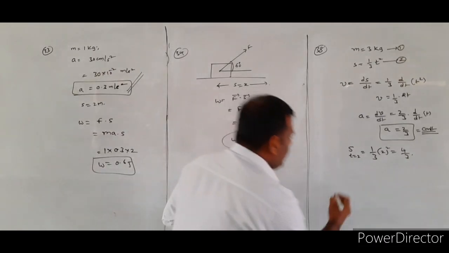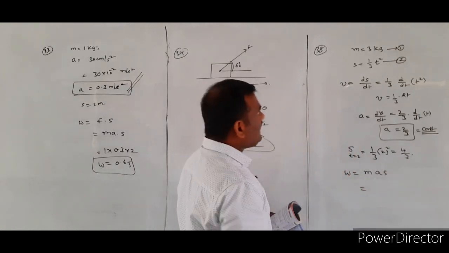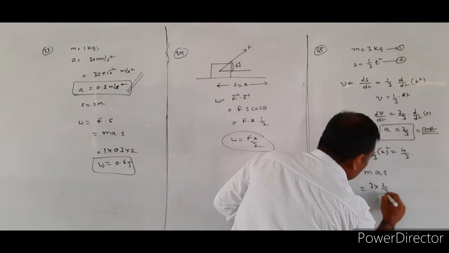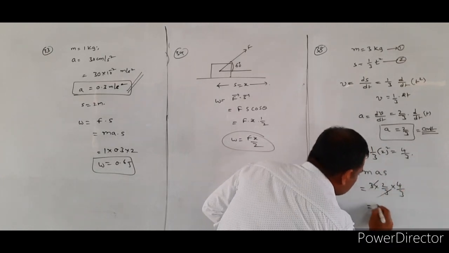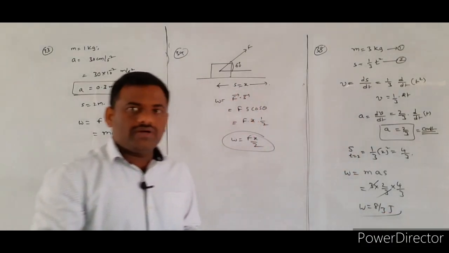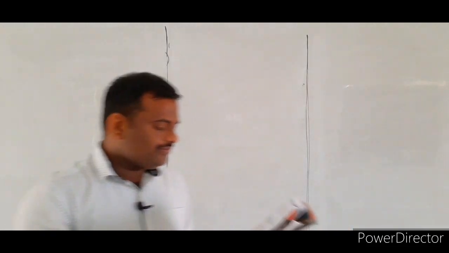Now, work done is equal to MAS. Mass is equal to 3 kg, acceleration is equal to 2 by 3, displacement is equal to 4 by 3. Work done is equal to 8 by 3 joules. Next problem 39, important one.